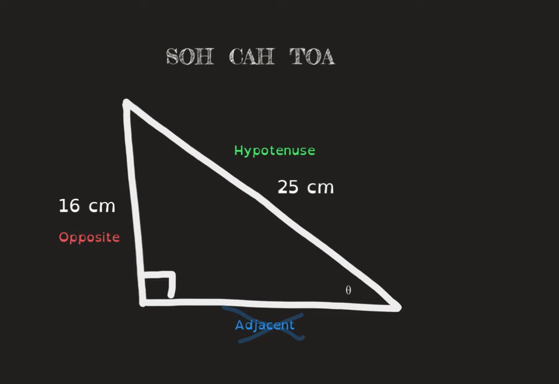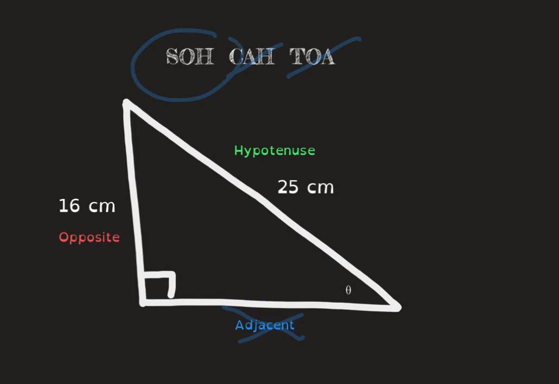So now we take a look at our little phrase, SOH CAH TOA, and whichever one we're going to be using cannot involve the adjacent side. So we can cross out any that use the A. CAH uses the A, which stands for the adjacent side, and TOA uses the A. So we're not going to be using either of those.